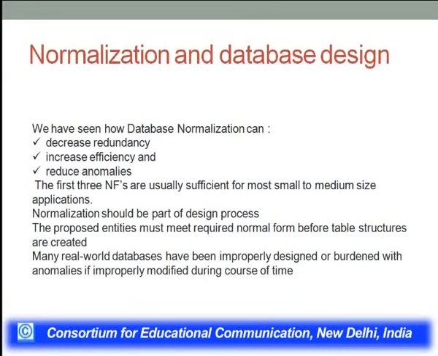As I have already discussed, for most of the smaller applications we do not require to go to the higher normal forms. Actually, there are 7 normal forms up to which one can normalize the database, but for most practical purposes we use 4 normal forms, that is first, second, third and Boyce Codd normal forms. At times, exceptionally, 4th normal form may also be done.